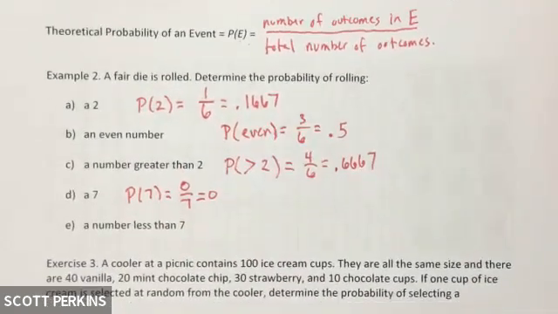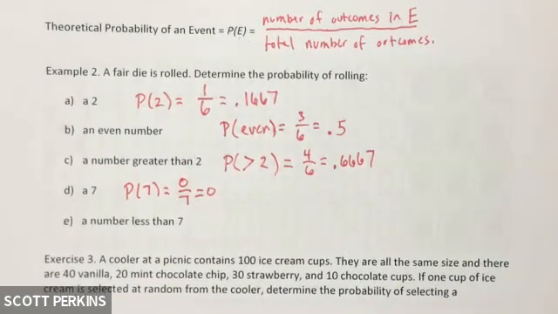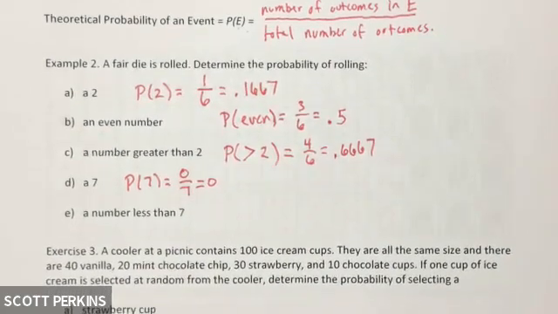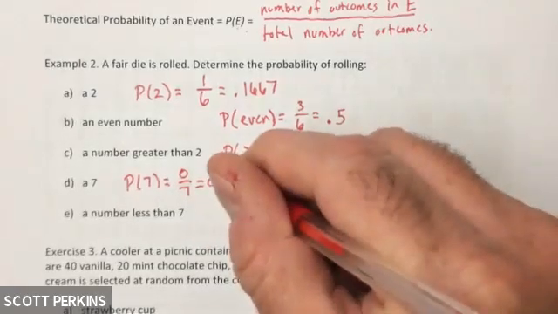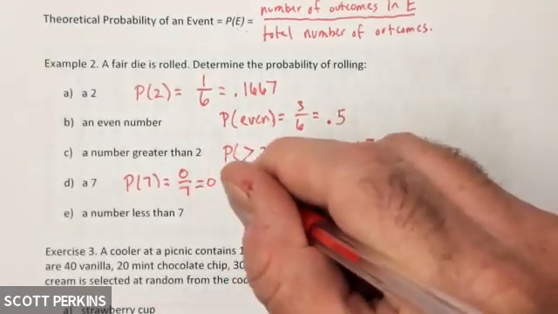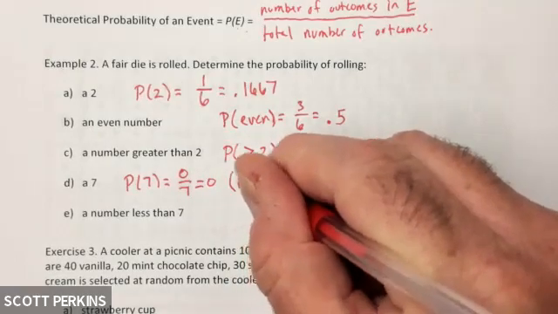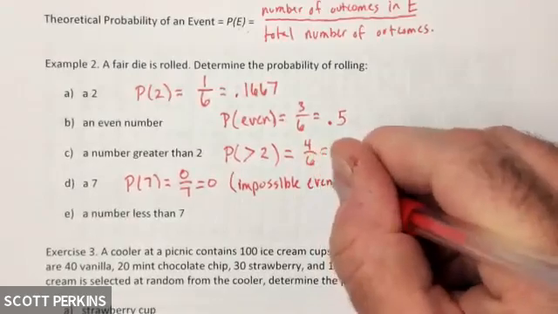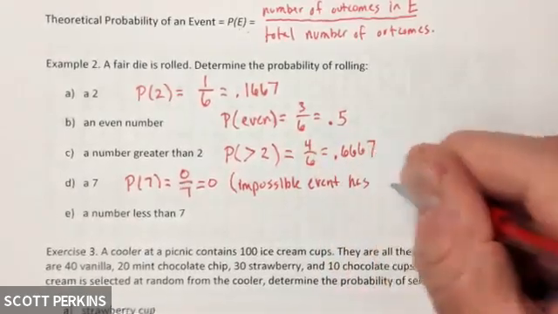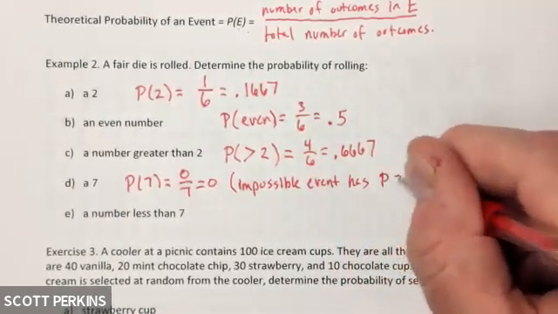So when something cannot happen, when something's impossible, like rolling a 7 with a 6-sided die, the probability is 0. I'm just going to put in parentheses here: if an event is impossible, it has a probability equal to 0.